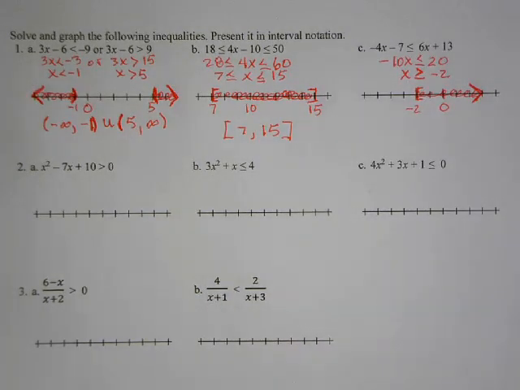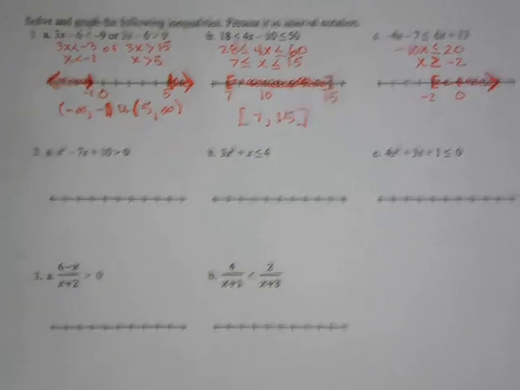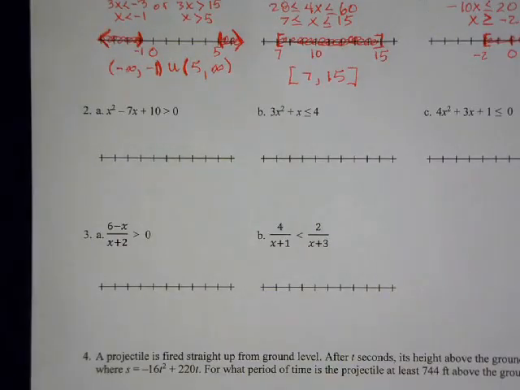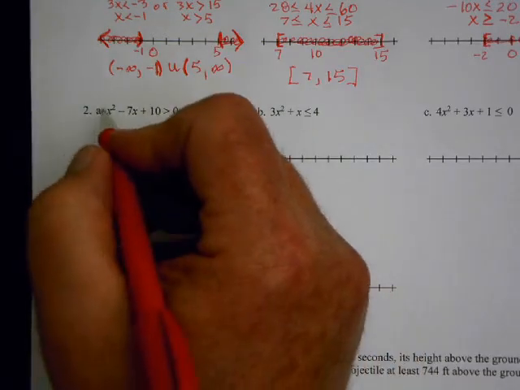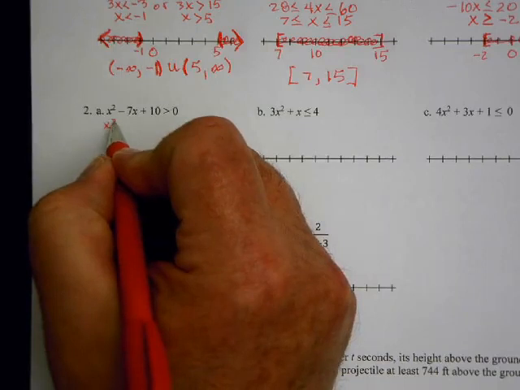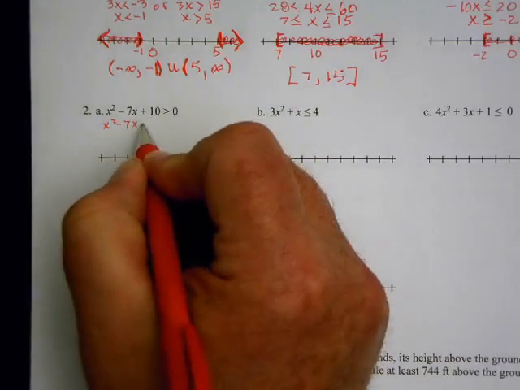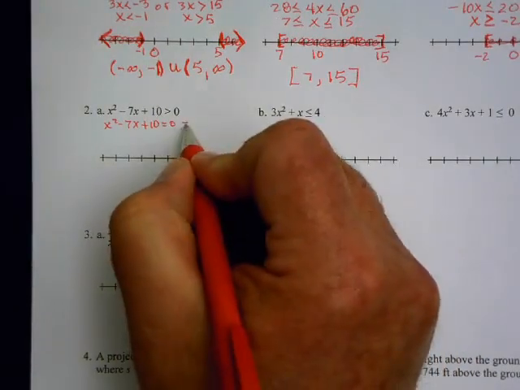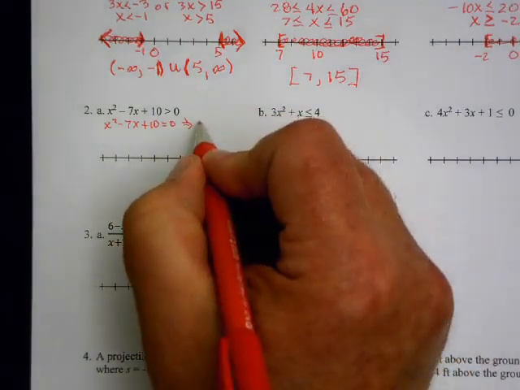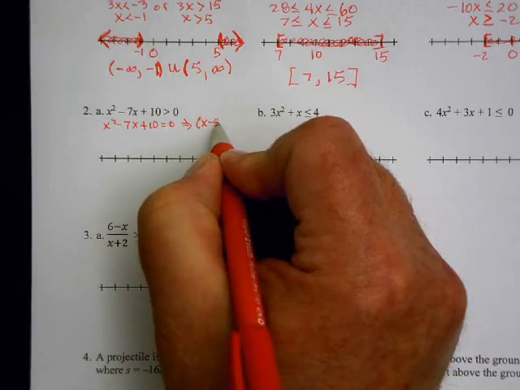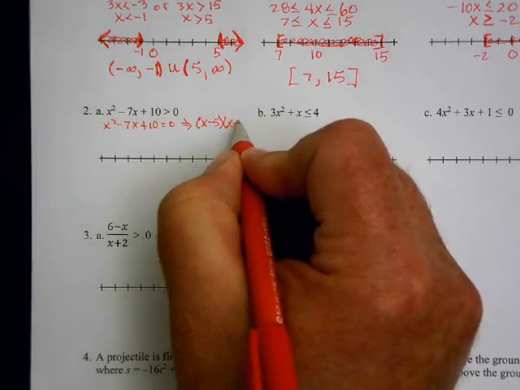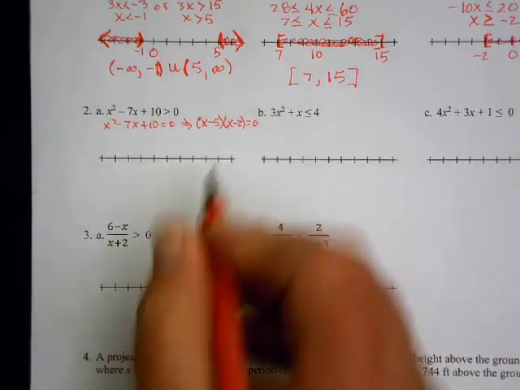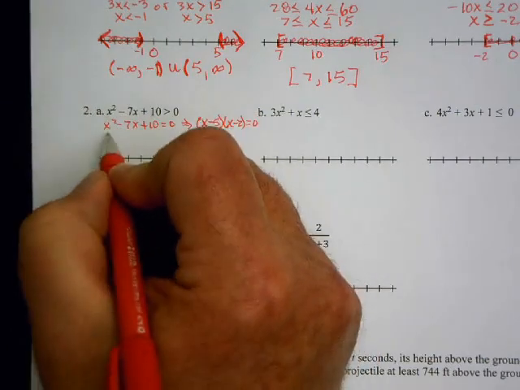All right, let's look at some quadratics. So again, first we're going to solve it as if it had an equal sign. So we're going to go x squared minus 7x plus 10 equals 0, which leads to x subtract 5, x subtract 2 equals 0. So that means then my two solutions would be 5 and 2.